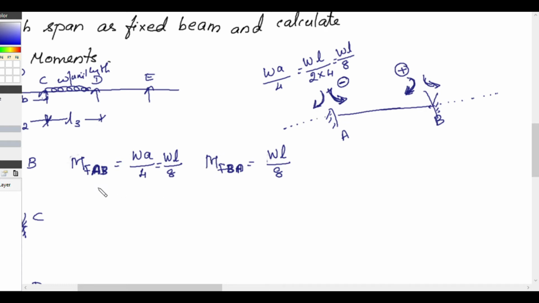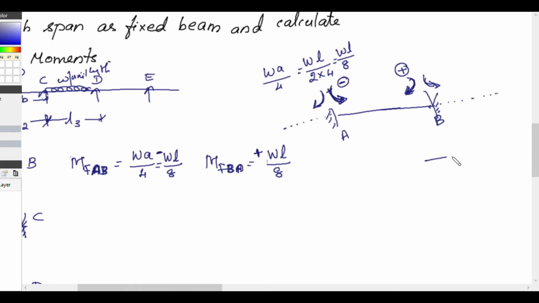That means your M of AB becomes negative and M of BA becomes positive. So the left end of your span will always be negative and the right end of the span will always be positive.